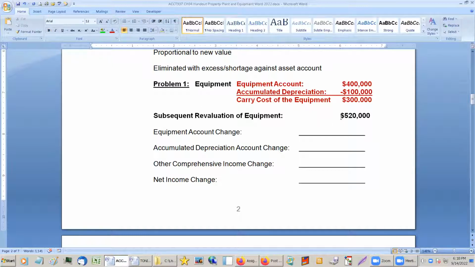The revaluation, let's say, comes out to 520. So here we have this equipment on our books for 300,000, but the subsequent revaluation says it's worth 520,000.